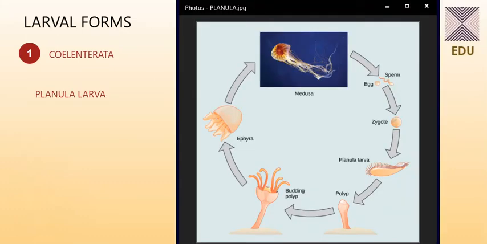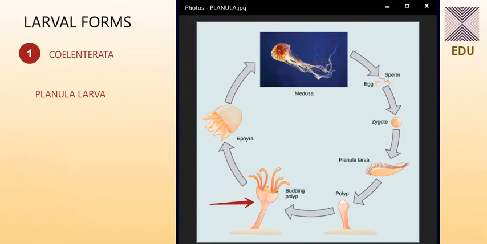Now this particular diagram can give you an idea that how the Planula larva is formed from the zygote. Now students, as we know that in the coelenterates we have a particular colony of the animal. So if we go with this particular diagram, here it is showing you the basic colony form.